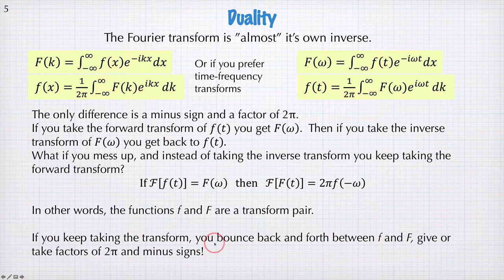So if you keep taking the transform, you bounce backwards and forwards between little f and big F, give or take factors of 2 pi and minus signs. And so the duality means that Fourier transforms always come in pairs.